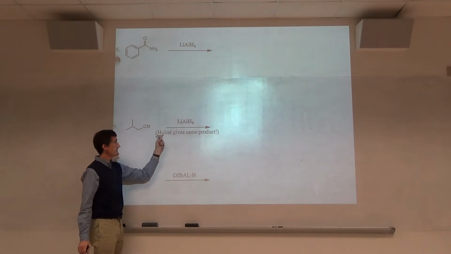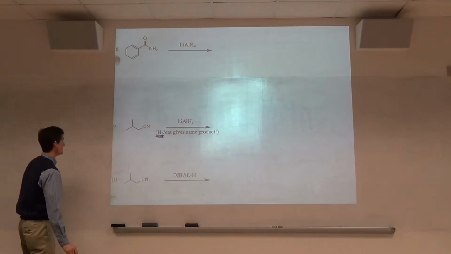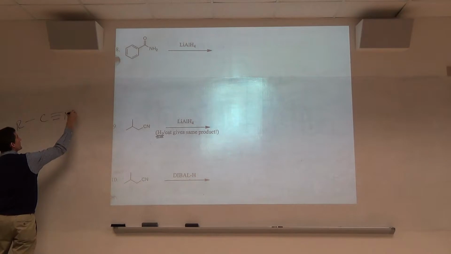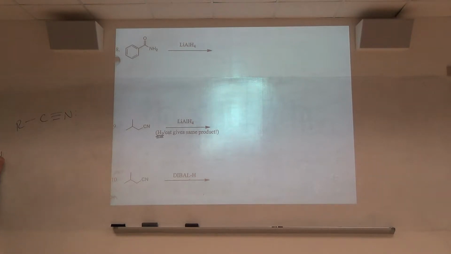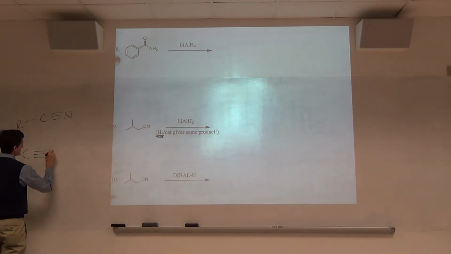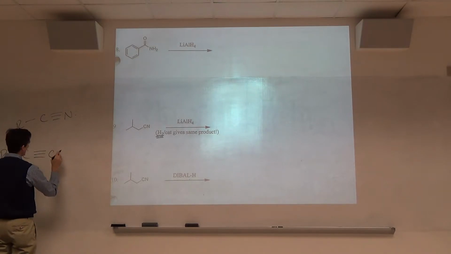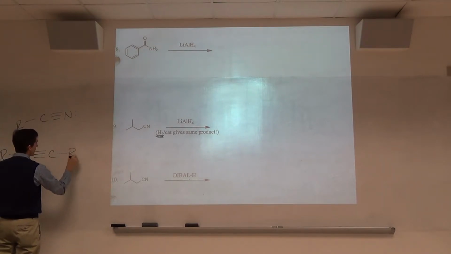But before we do LAH, let's show the product that H2 would give, like with a nickel catalyst or something. Well, we have RC triple bond N with a lone pair. What if we had RC triple bond C with another R?